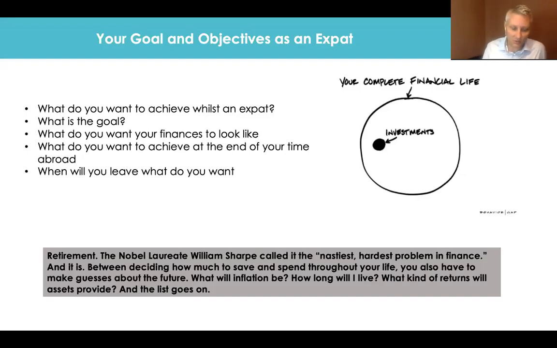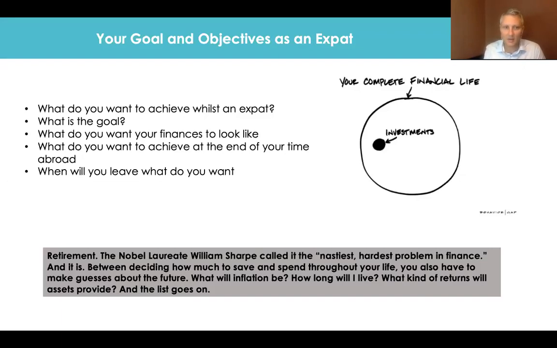Work out what you want to do at the end of the period that you've been there. Sometimes you can have an expat position which is just a short-term assignment, or a 2 or 3 year period. At the end of that period, you're going to go to another country, or you're going to return home. So you know that, okay, that's what the period is.